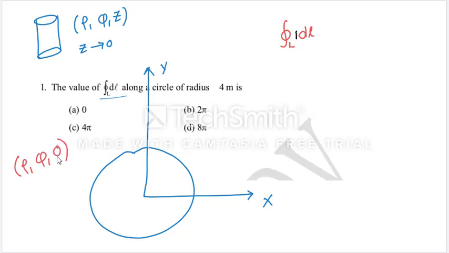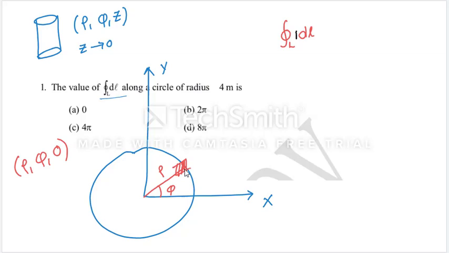Now I want to do the integration of dl, the small strip, over a complete circle. So I take a small strip here, having radius rho, and this angle is phi.